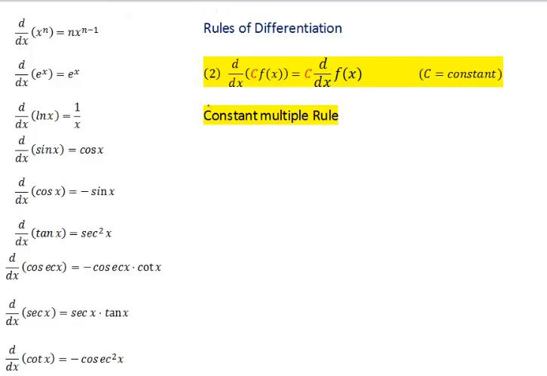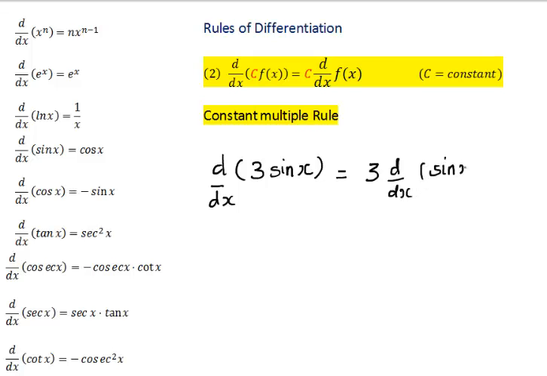For example, if you are differentiating 3 sin x, then you can write it as 3 times differentiation of sin x, and so the result will become 3 into differentiation of sin x, which, as you can see here, is cos x.